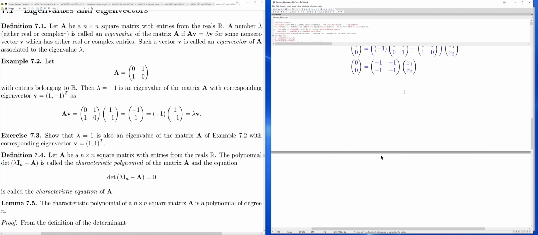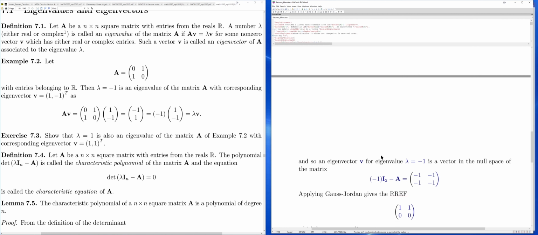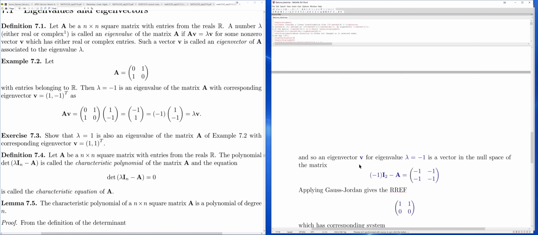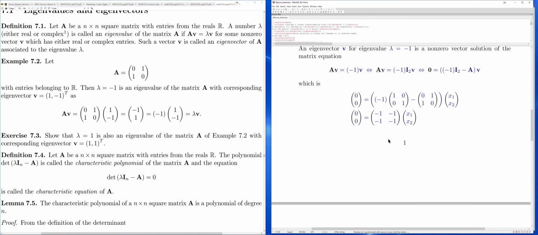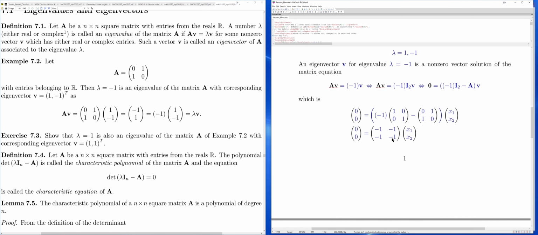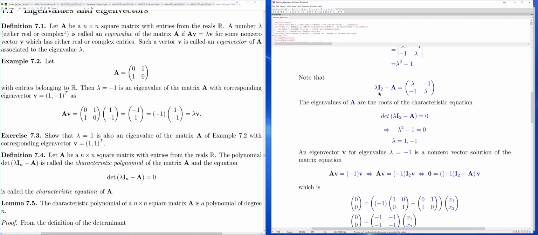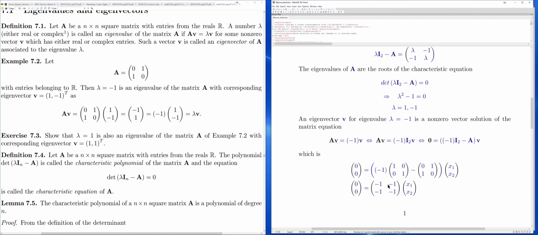So I state this over here: an eigenvector for your eigenvalue lambda equal to minus 1. Remember how I got this minus 1, minus 1, minus 1, minus 1? I put minus 1 as the eigenvalue into the expression lambda I2 minus A. And I just said that an eigenvector corresponding to lambda equal to minus 1 is a non-zero solution of this matrix equation, which is a non-zero vector in the null space of this matrix.